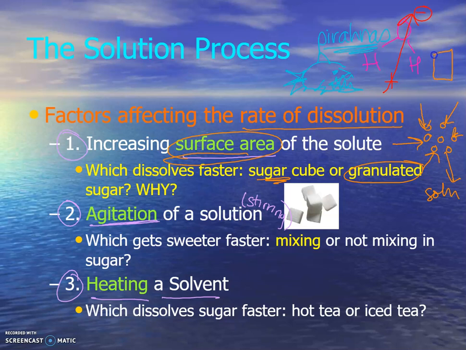If it's one big cube, they have to pick apart a piece here, and a piece here, and a piece here, and a piece there. If you don't want to think of a piranha, think of water molecules like a flock of birds. Will birds pick apart bread or eat breadcrumbs or an entire loaf of bread faster? Well, breadcrumbs, because there's more spaces in the breadcrumbs and they have more chances to attack the bread.